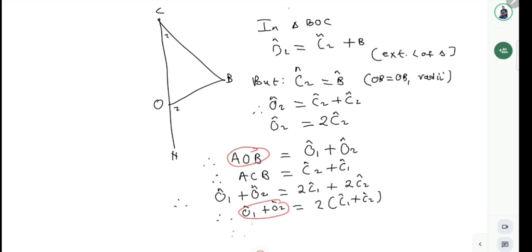So instead of writing O1 plus O2 now, I'm going to write that AOB is equal to 2, then instead of writing the C1 plus the C2, I am going to write this ACB. ACB. Perfect, guys. This is exactly what they want us to do in this proof.